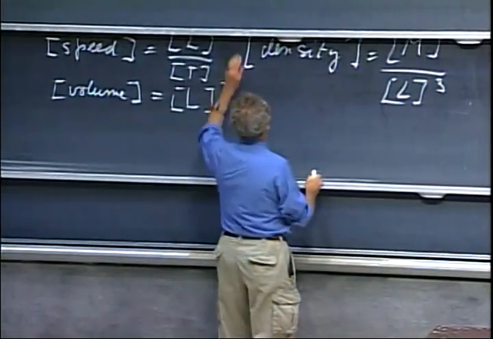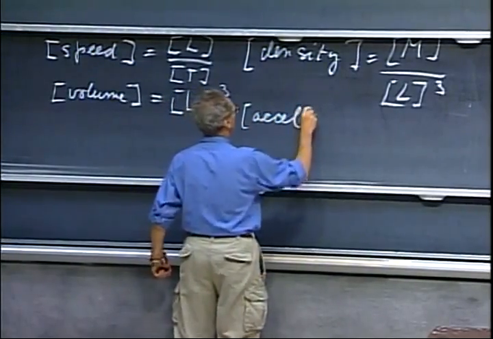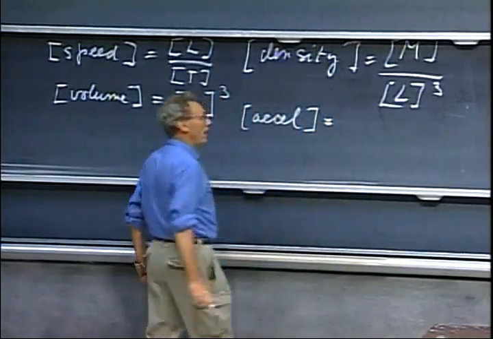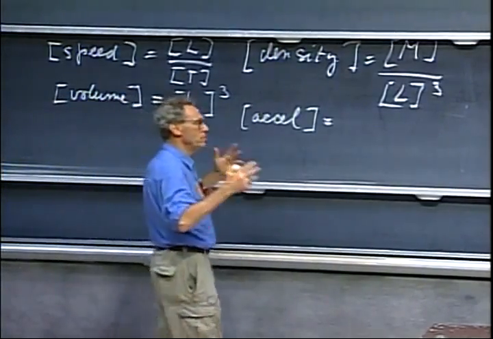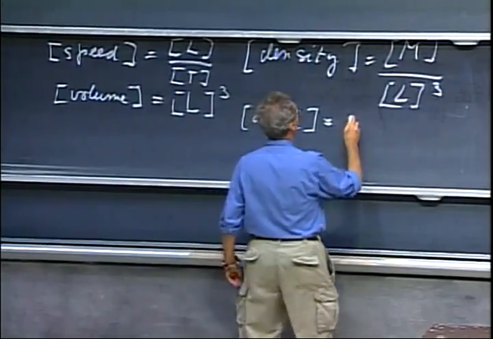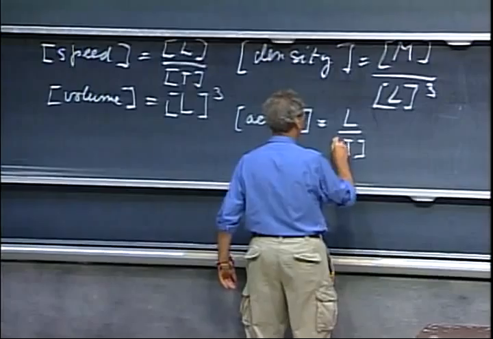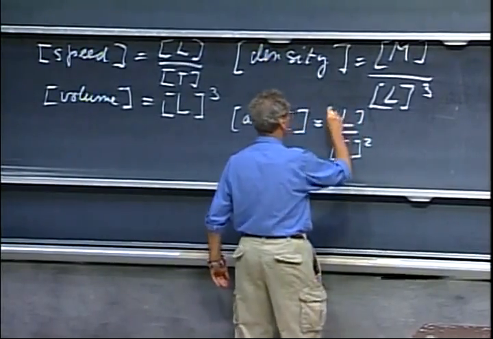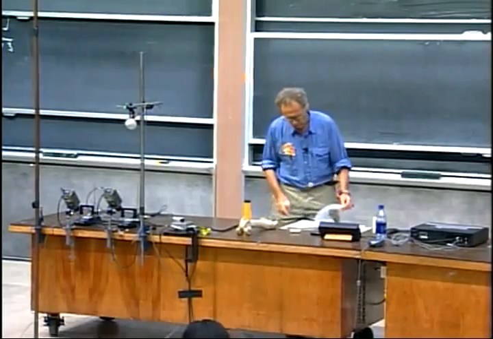All important in our course is acceleration. We will deal a lot with acceleration. Acceleration, as you will see, is length per time squared. The unit is meters per second squared. So you get length divided by time squared. So all other quantities can be derived from these 3 fundamental.